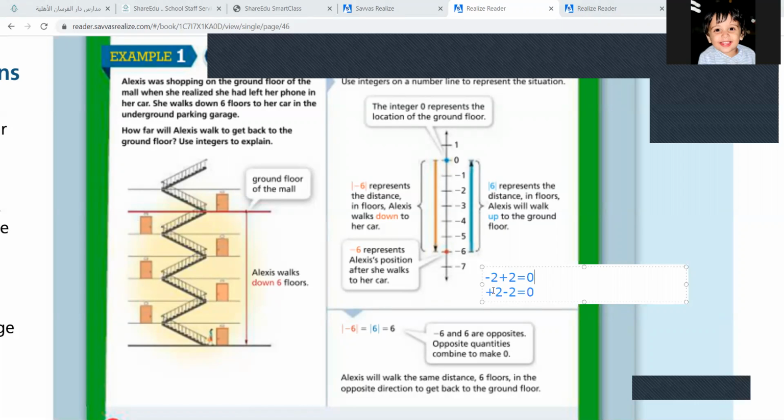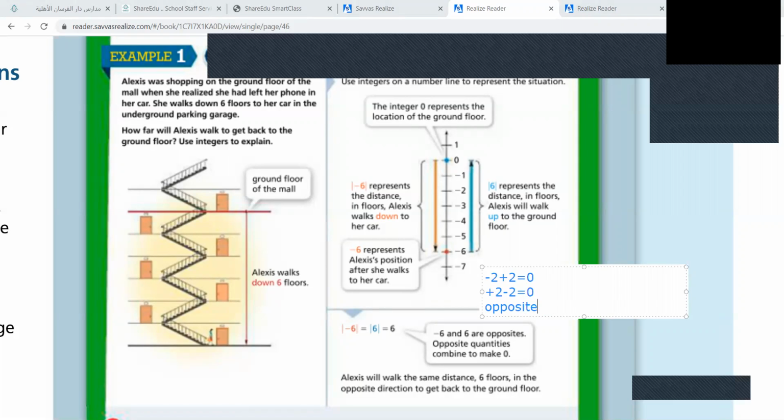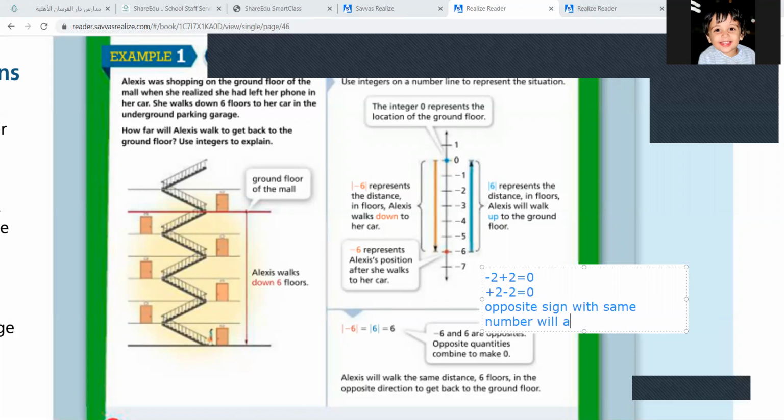Opposite sign. Remember, girls, I'll write here: if they are opposite signs with the same number, the answer will always be 0. If I write here 500, minus 500, what's the answer?